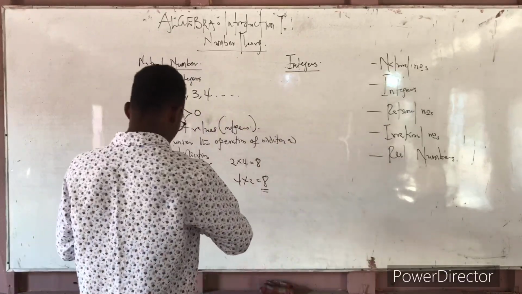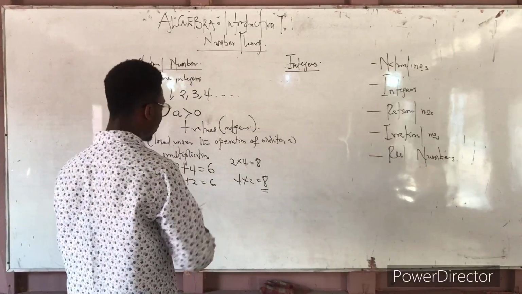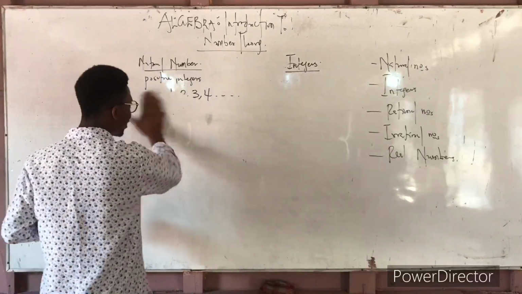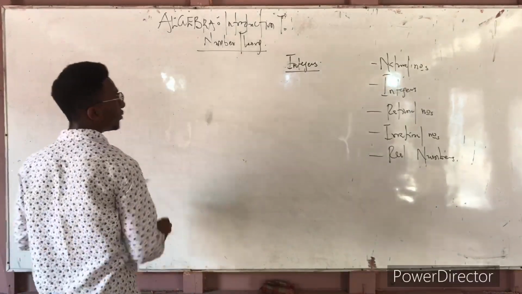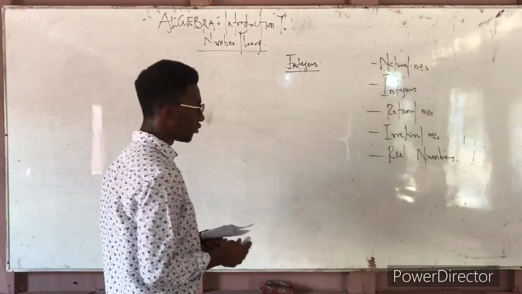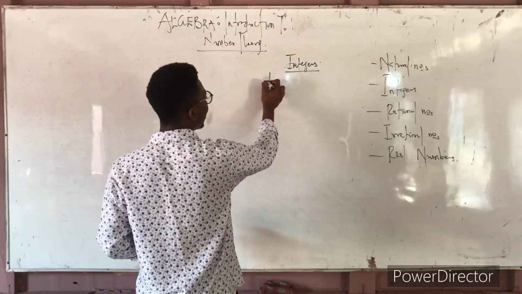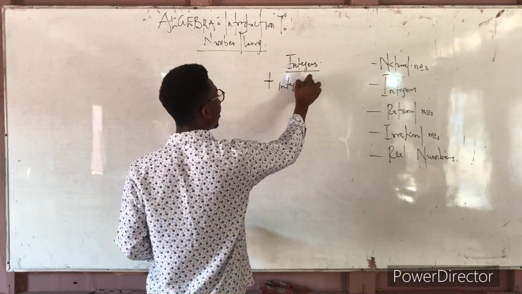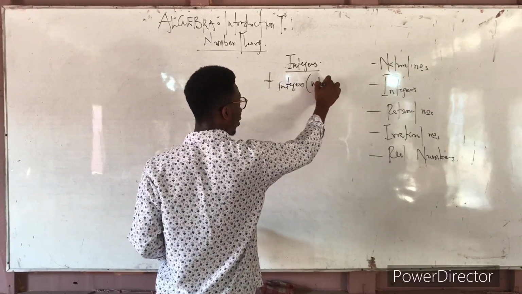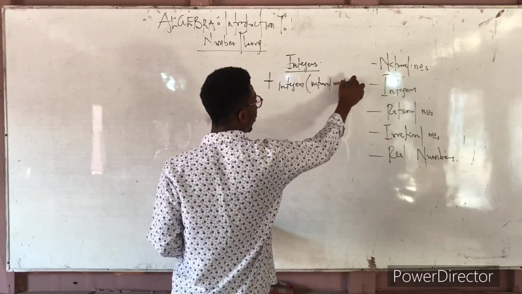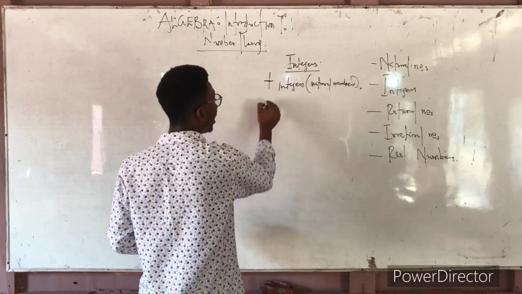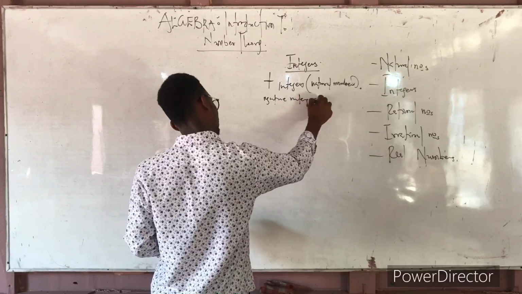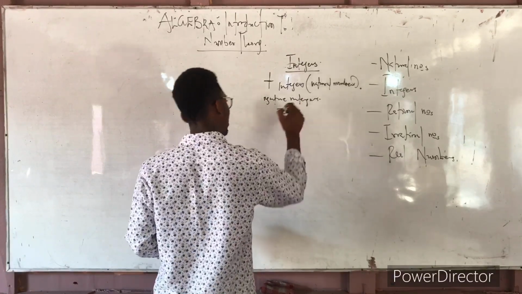Now, what are integers? With integers, they are both positive, negative, and the number 0. So the set of integers contains the positive integers, that's the natural numbers themselves, the negative integers, and the number 0 itself.